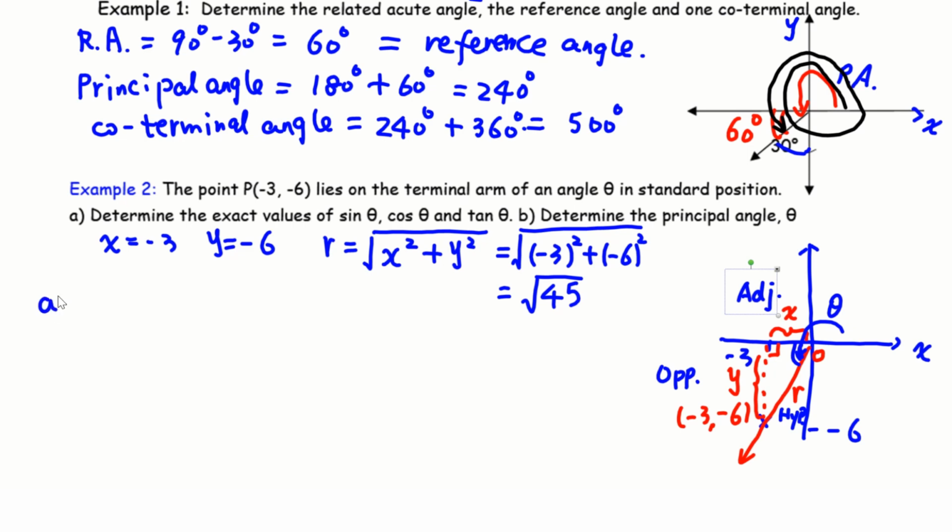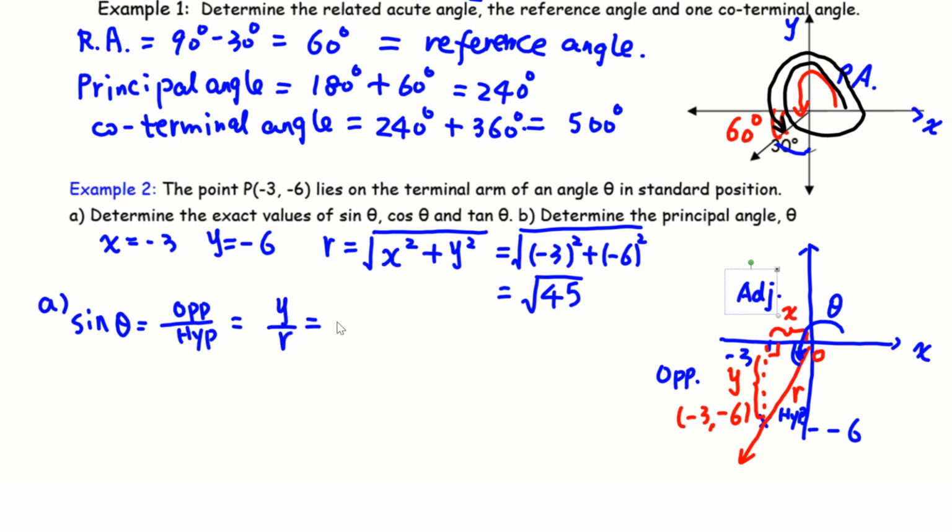So the mathematicians extended the definition for sine theta in this right angle triangle, opposite over hypotenuse, to include the xy positive and negative. So it's y over r.